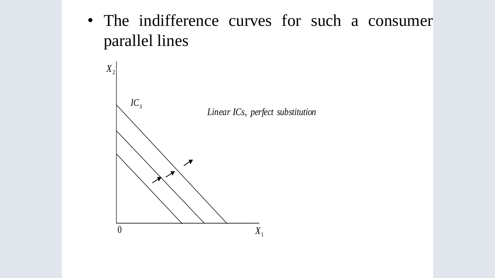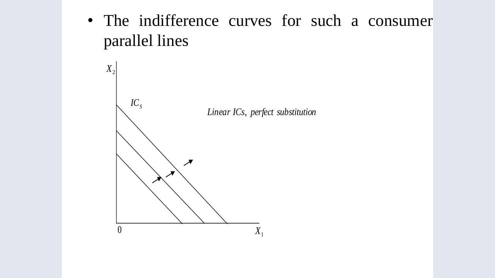Now, what we mean along the same indifference curve: if you move down one indifference curve and compute the slope, it is the same. The first line has its own slope, which is the same. When the consumer moves down, the rate of substitution is the same.